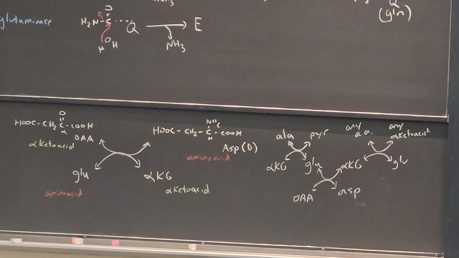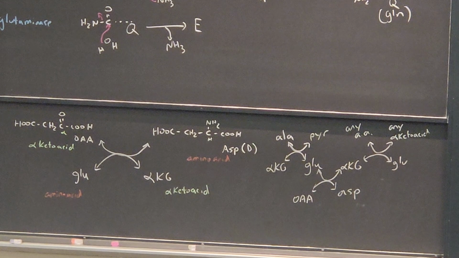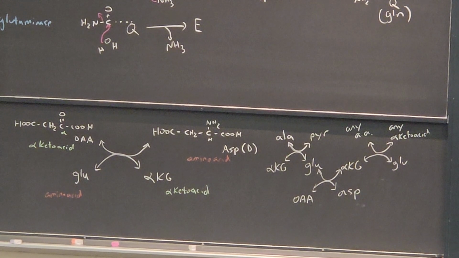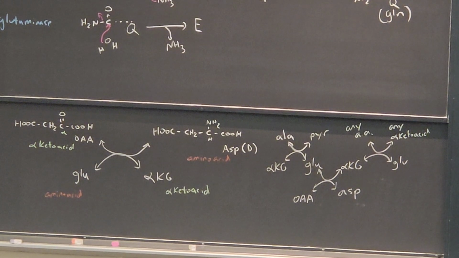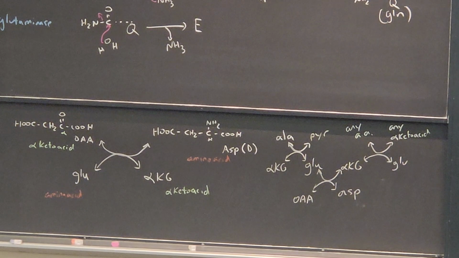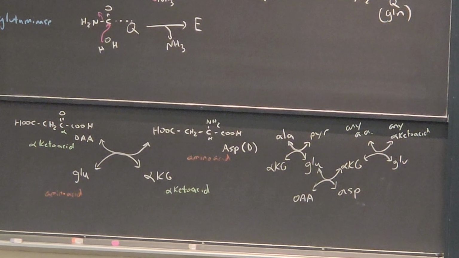Now there's a couple very notable exceptions to this that I want to just point out. The first one is glutamine. I drew it right there in the middle board. That's how you deal with glutamine. So it's basically glutamate plus ammonia. All right. Same thing with asparagine. N is asparagine.